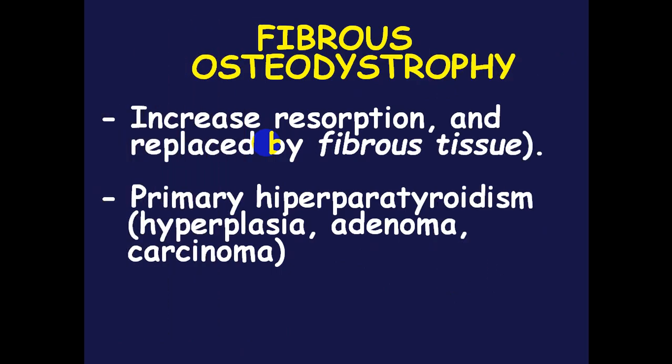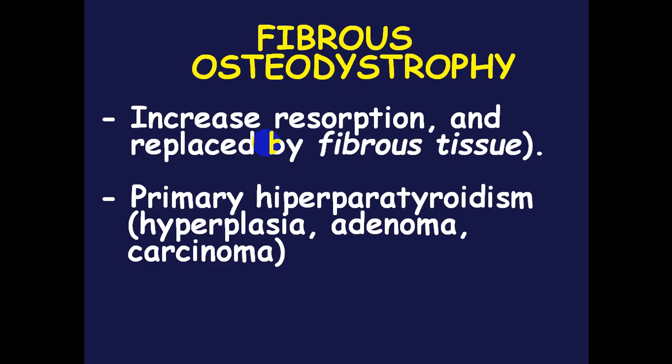There is also what we call fibrous osteodystrophy. Fibrous osteodystrophy means that there is increased resorption of bone which is replaced by fibrous tissue. In this fibrous osteodystrophy, there should be a hyperparathyroidism first. This hyperparathyroidism is caused by hyperplasia due to some drugs.